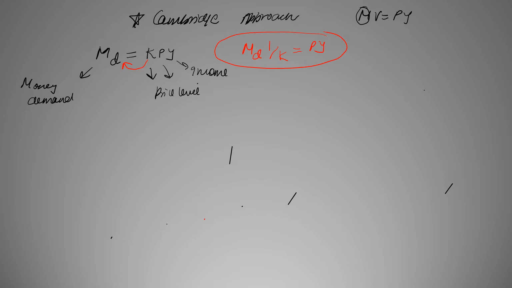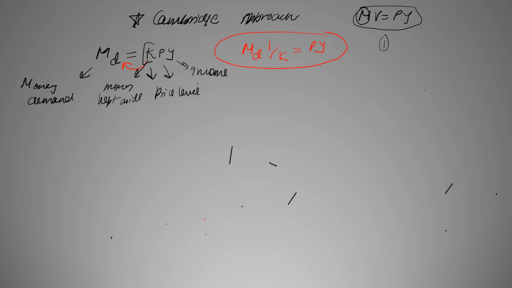So now let's talk about K. K is basically the money kept aside. In case you remember, in this Fisher's approach, we assume that no part of our income is saved, right? But in this approach, which was more practical and pretty much real, Cambridge's economists also emphasized the fact that people keep aside some part of their income for future use.